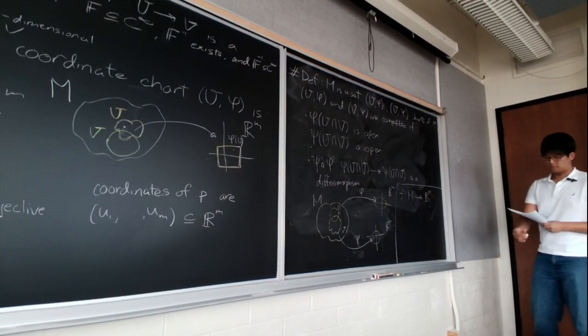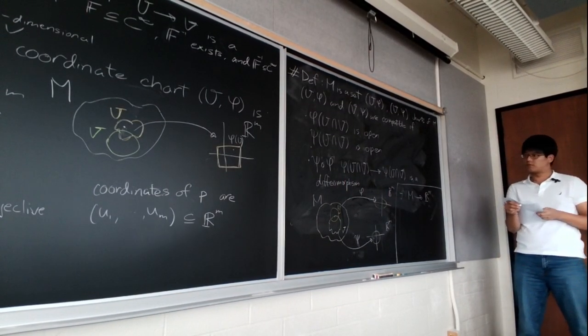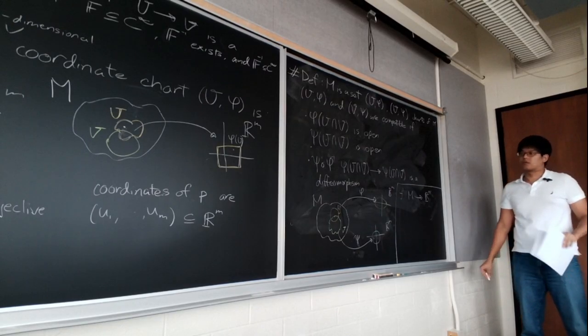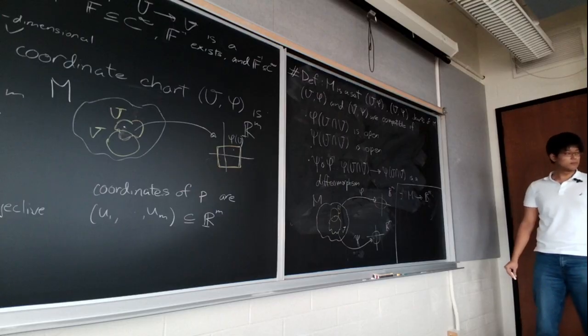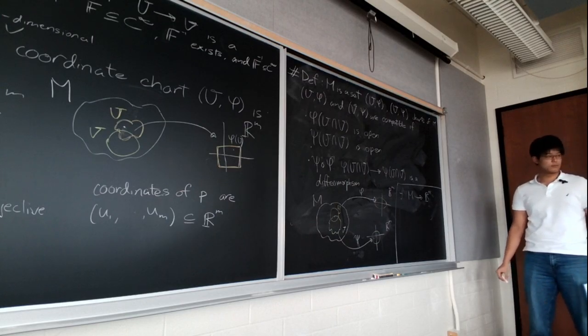Right now M is just some set. I have no notion of how to take a derivative of this function. But now, suppose I had one coordinate chart for a little piece of it. What do I then know how to take a derivative of?